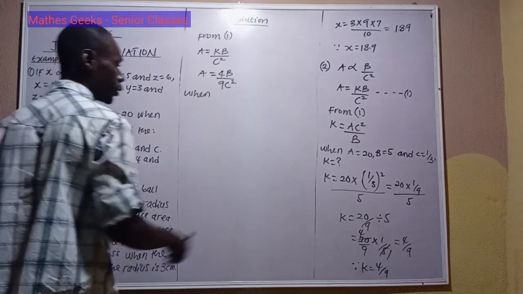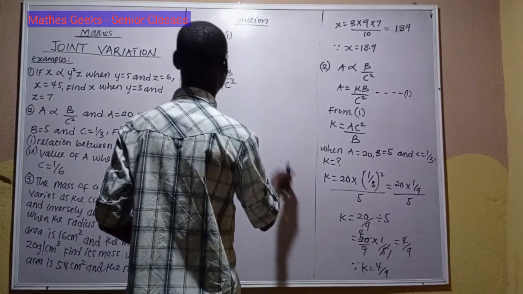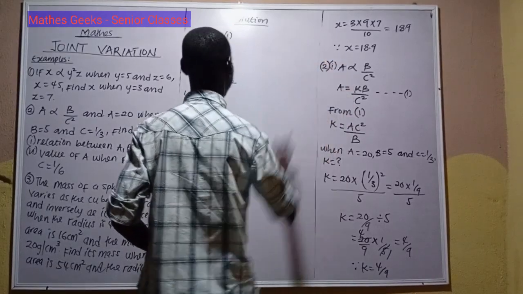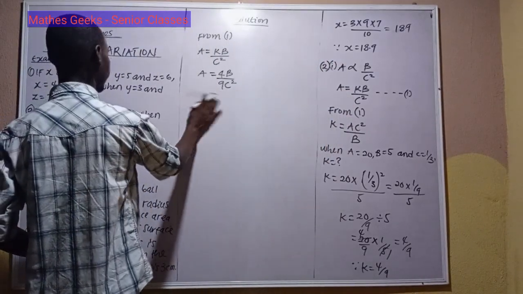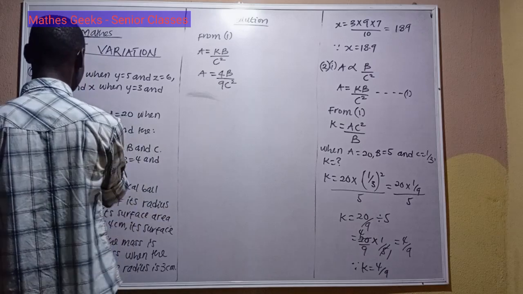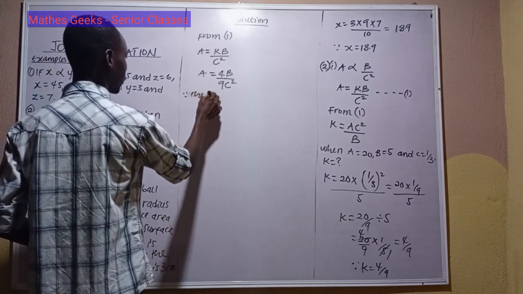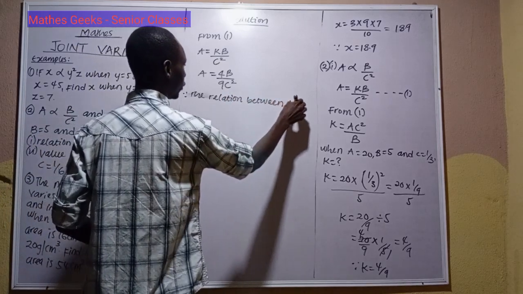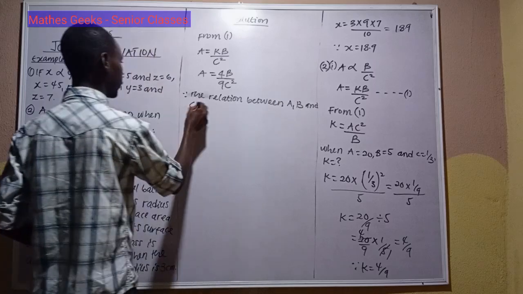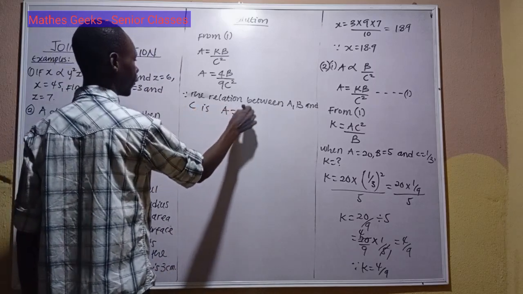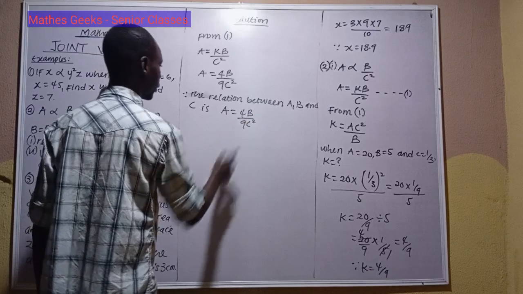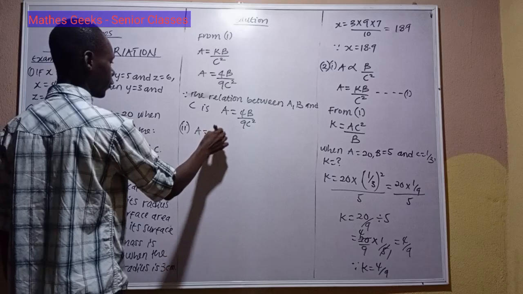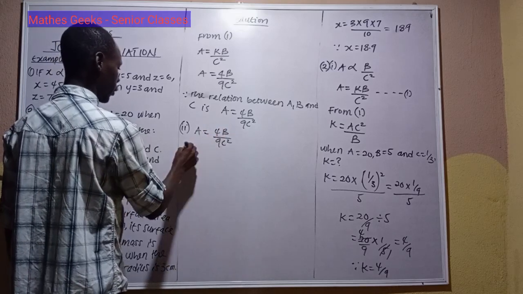So from here to here is figure 1, the relation between A, B, and C. Therefore, the relation between A, B, and C is equal to 4b over 9c squared. Figure 2. So A is equal to 4b over 9c squared.